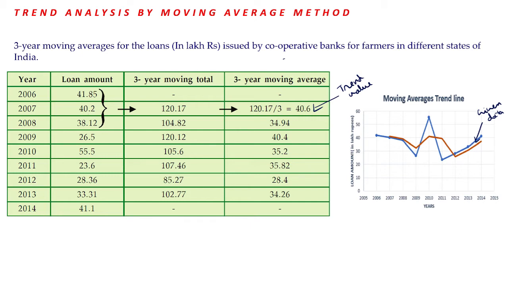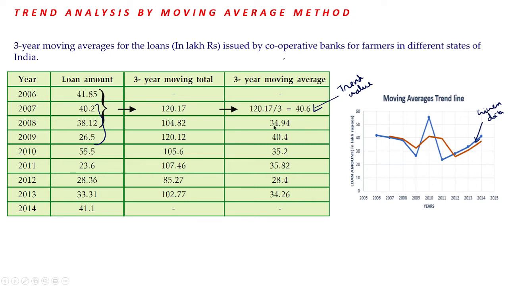And then after this we calculate the sum of these 3 years' data points, these 3 years' loan amounts, and we write it along year 2008. So this is the 3-year moving total, and after that we find the average of this. So when we divide this 104.82 by 3, we get 34.94.